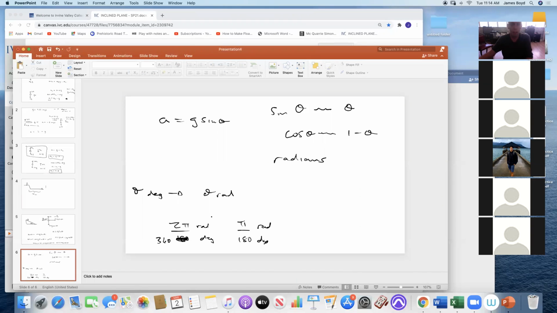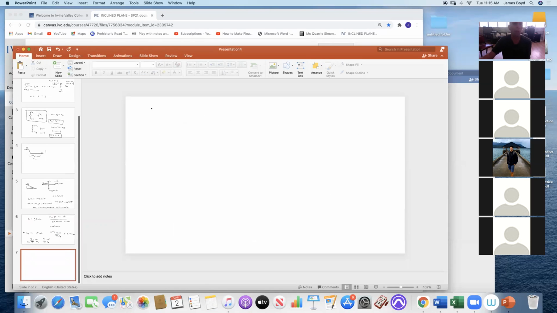So to convert 10 degrees to radians, we multiply by pi rad over 180 degrees, and we're going to have to do that for this lab. So we get 0.1745 rad. Now, if you put your calculator in radians, sin of 0.1745 radians is 0.1736. So the small angle approximation works for sin.